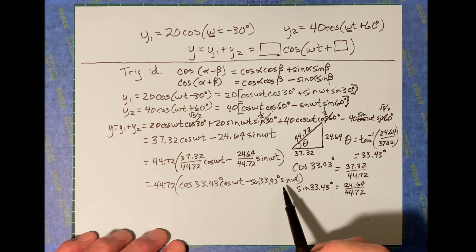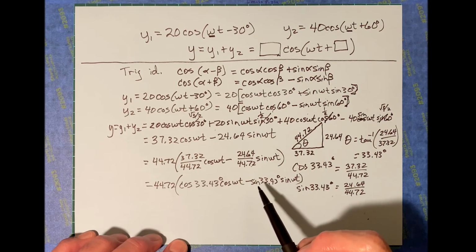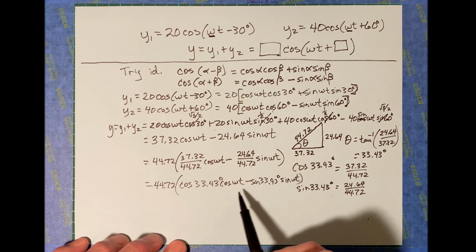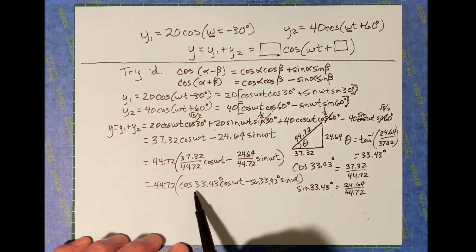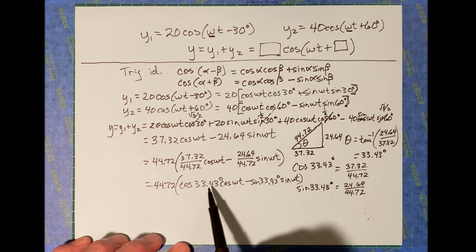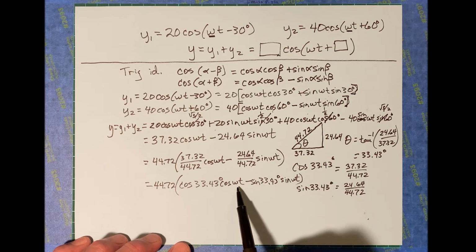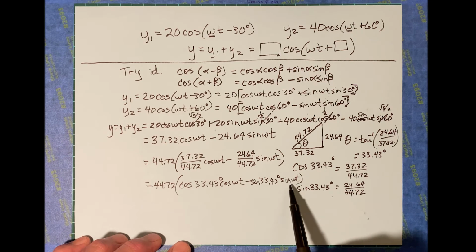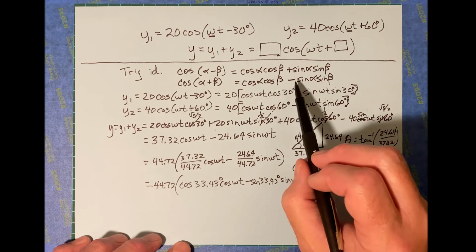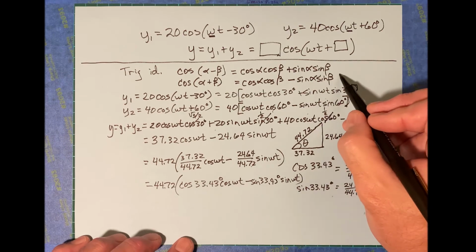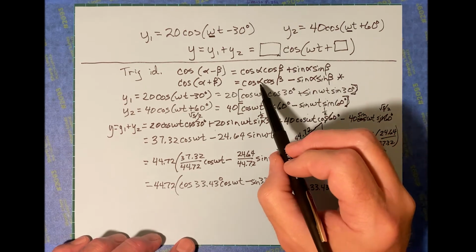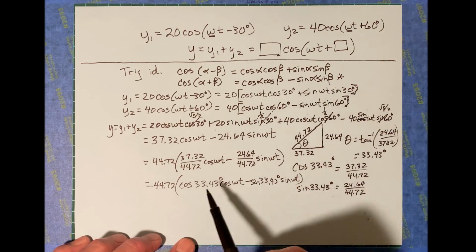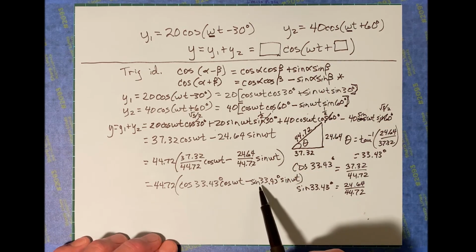Now you might say, well, how did that happen? Notice what we've got here: cosine of an angle times cosine of a different angle, minus the sine of that angle times the sine of the different angle. Think back up to this trig identity: alpha and beta, cosine of those two angles minus the sine of those two angles. It's the same form right here.